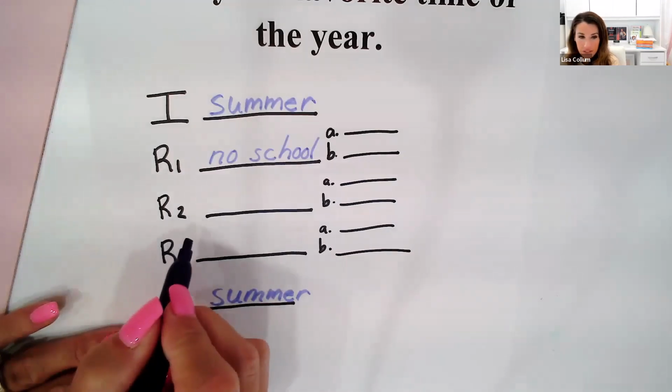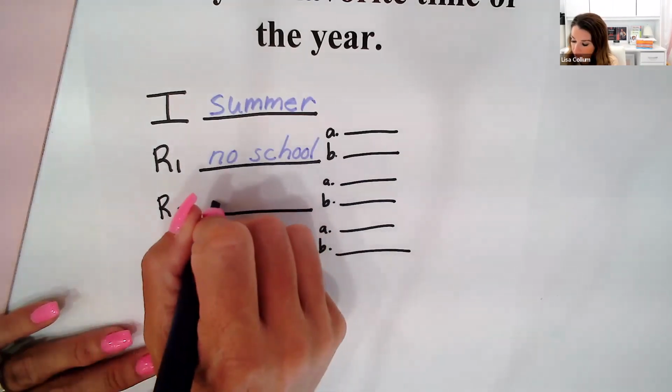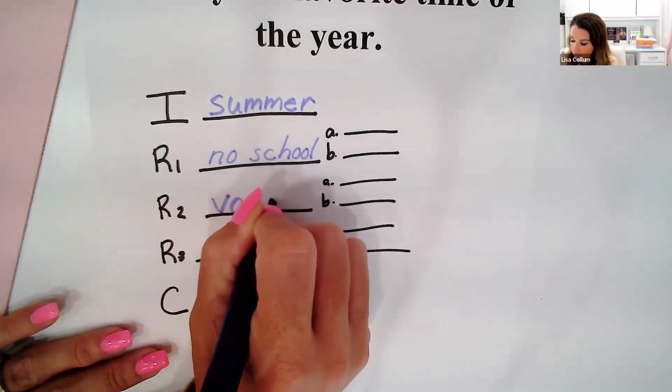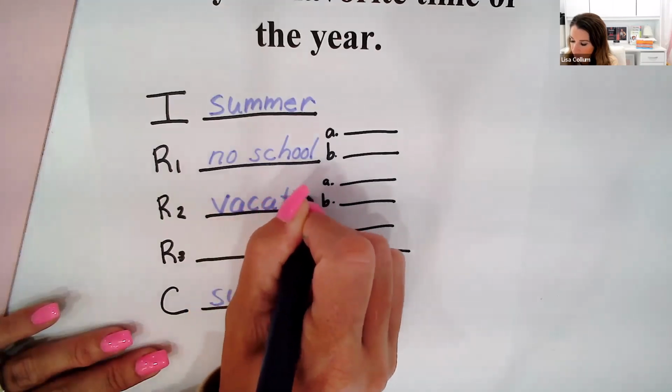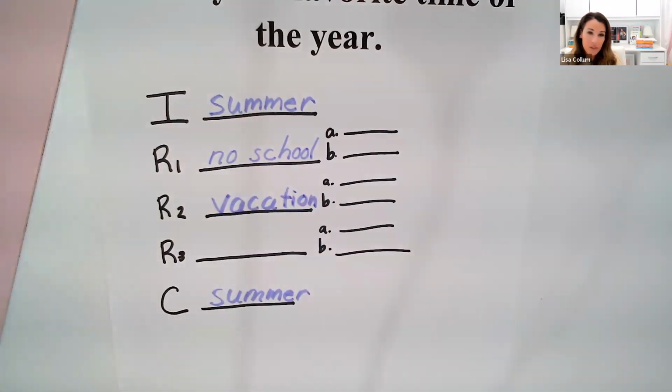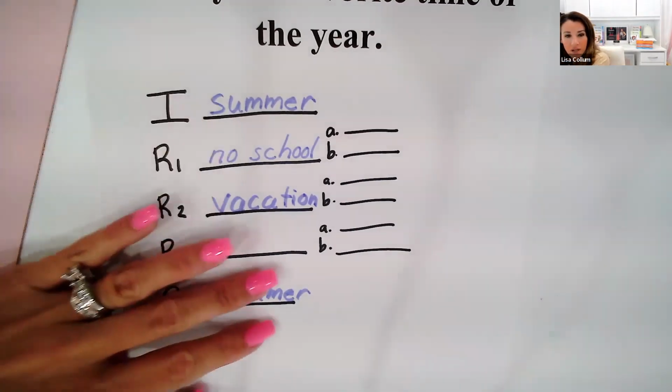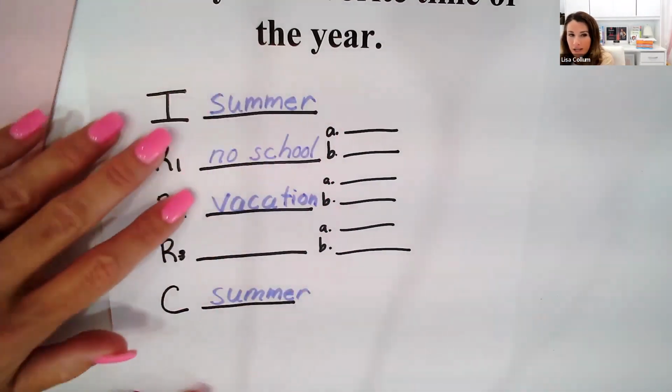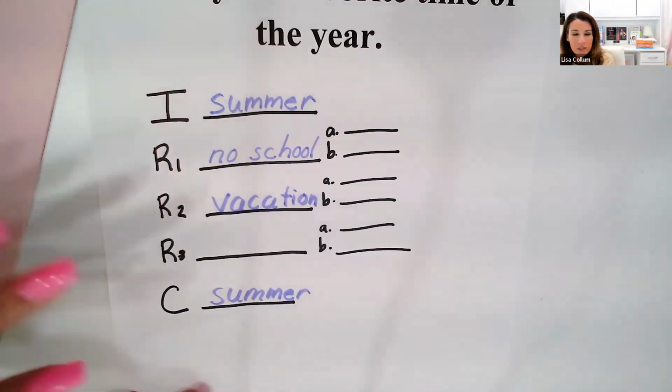The second reason I love summer is because it's the perfect time to go on vacation. So write vacation. I do want you to notice, I said it's the perfect time to go on vacation, but I didn't write it's the perfect time to go on vacation. I just wrote vacation. On this planning, this is not your essay. So you want to keep everything to 1 or 2 words.